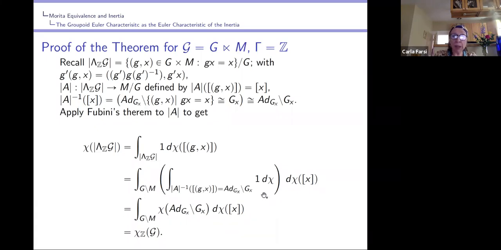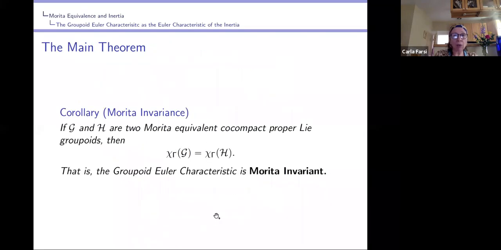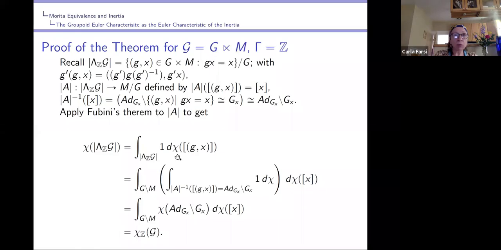What happens is that here you take the pre-image of a pair, and that gives you Gx, the stabilizer. So you have chi, because you're integrating 1 over Gx, and then this is exactly how we defined it to be chi of the groupoid in this special case.